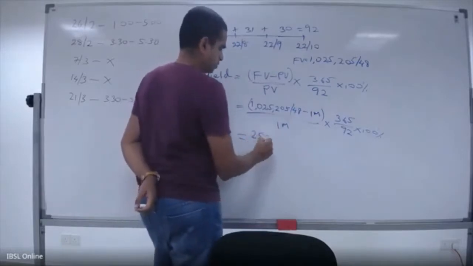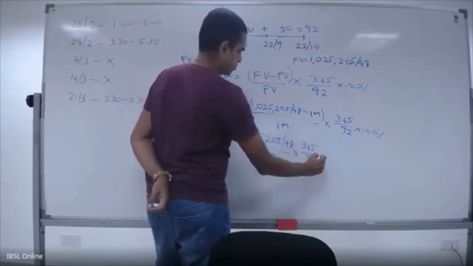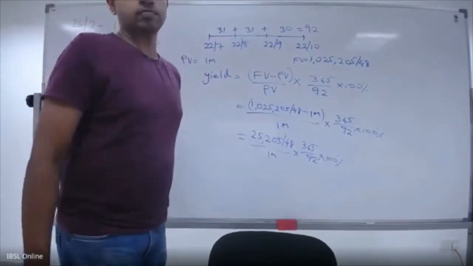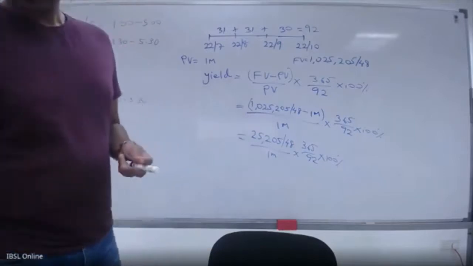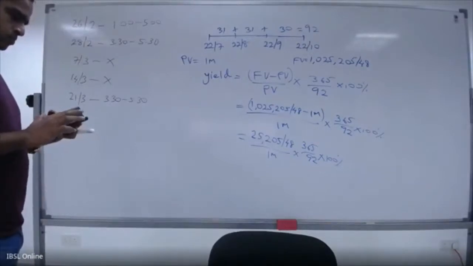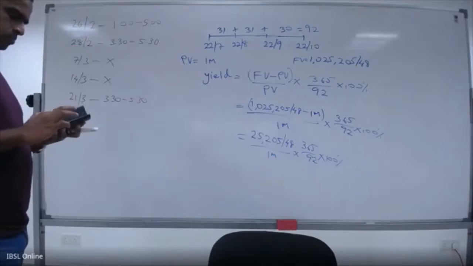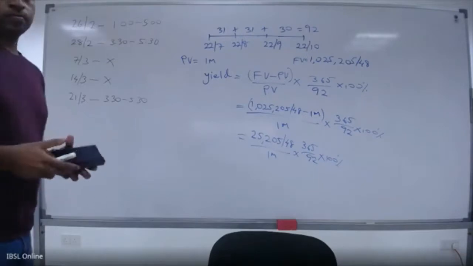This is 25,205 cents 48 over 1 million into... You get 10%.